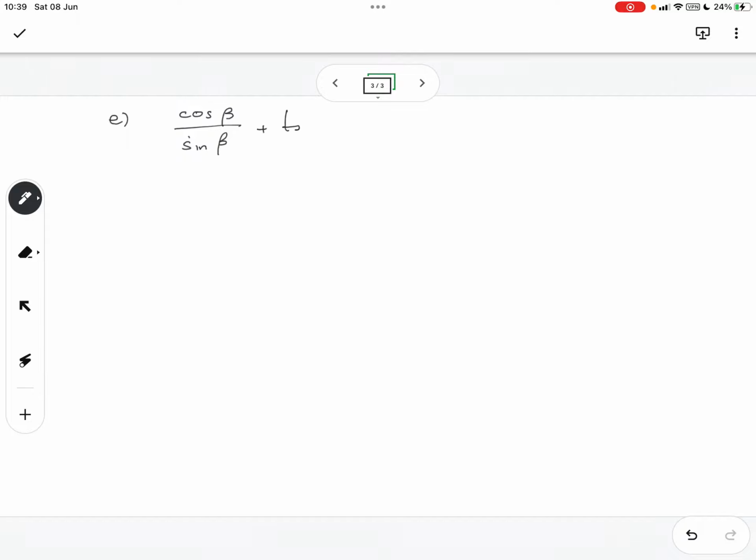Okay, so we can look at number E as well. And E again: cos of beta over sine of beta plus tan of beta, multiplied by cos of beta, equals 1 over sine beta.